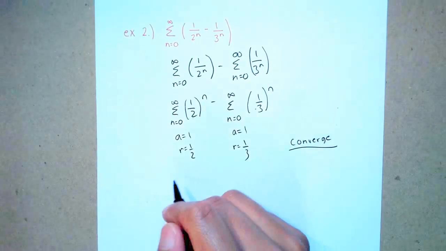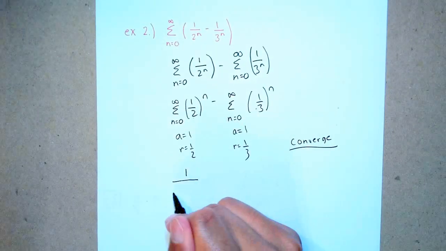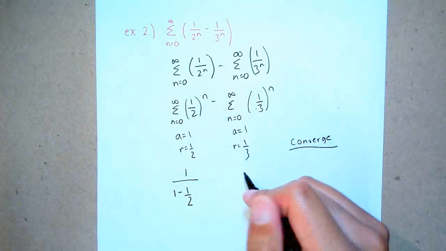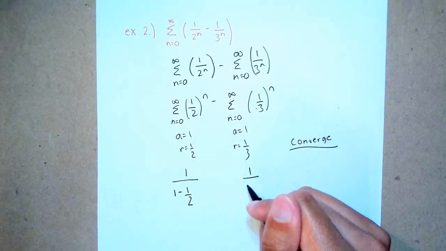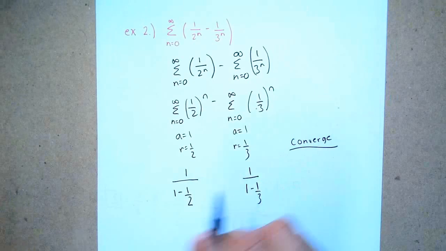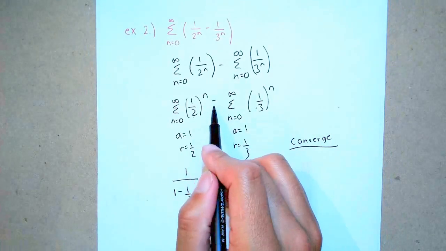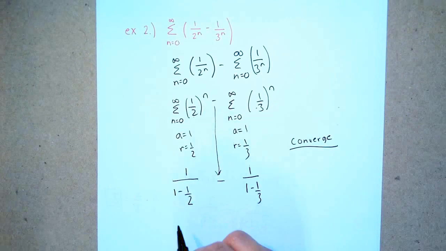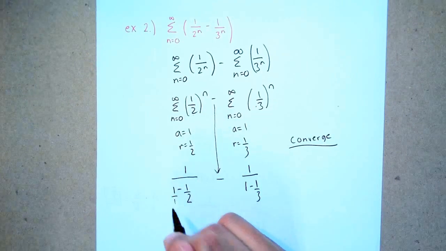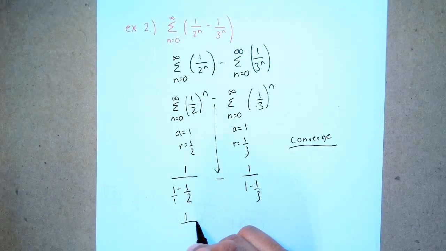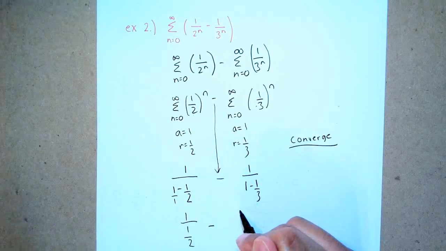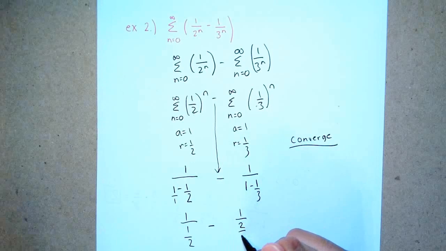So that means that we're going to do a, which is 1 over 1 minus 1/2 for this one, and then this one is going to be 1 over 1 minus 1/3, and then after you find these two sums, you're going to just literally bring down the sign and subtract these two sums. So when you combine these, this is going to be 1 over 1/2 minus 1 over 2/3.